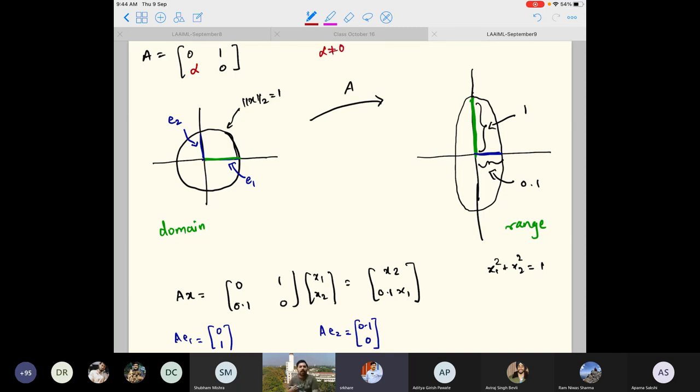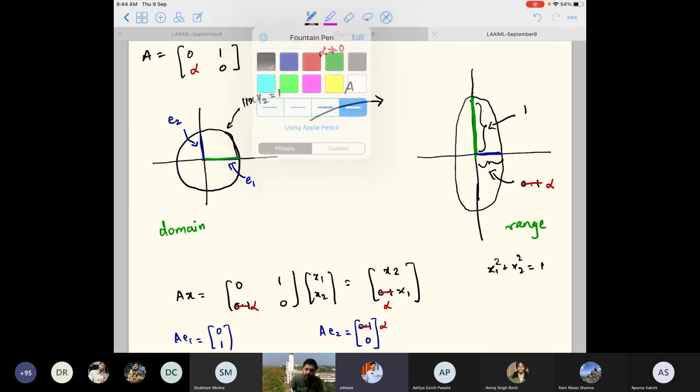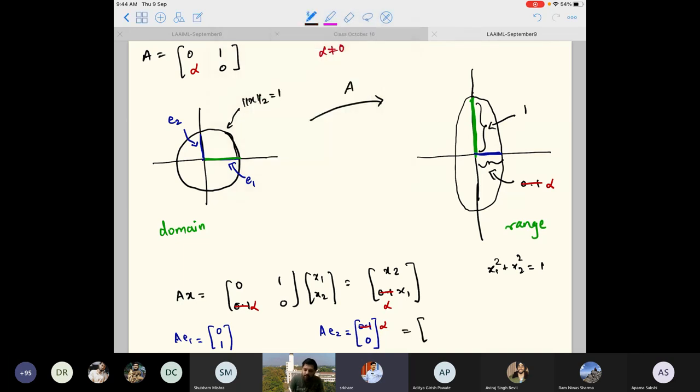Then at every important place where 0.1 appears, I will have an alpha. And more importantly, I will need this AE2, so I will write it down neatly once again as alpha, 0. Now you tell me what game I am going to play with this alpha.